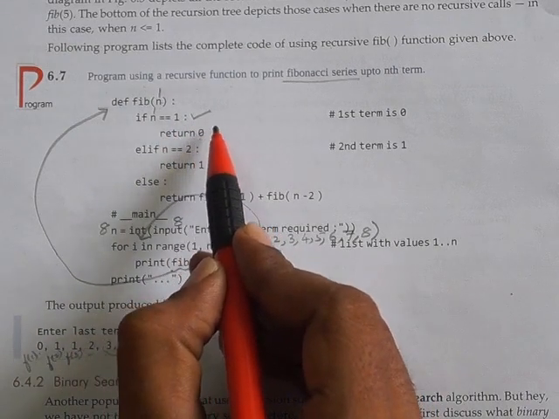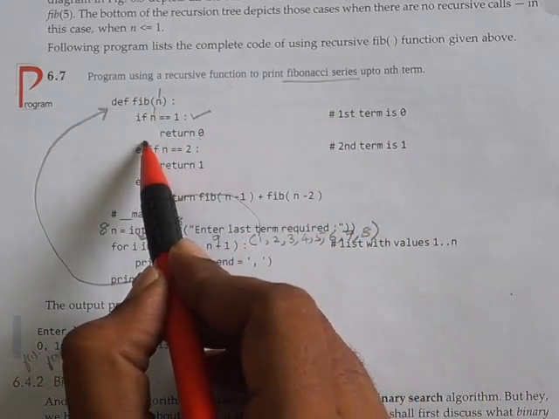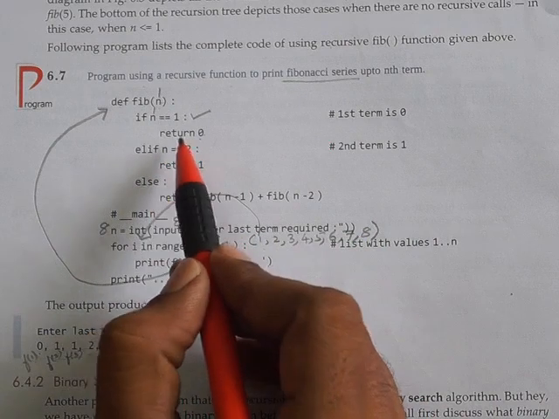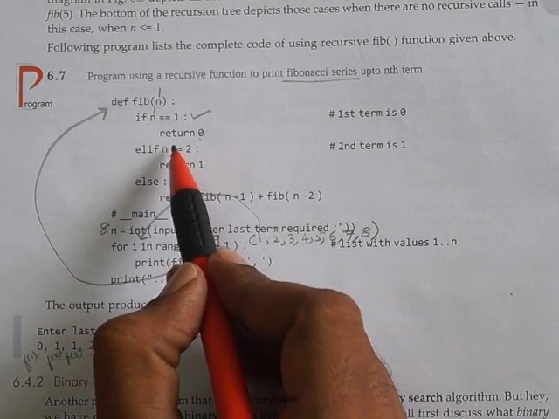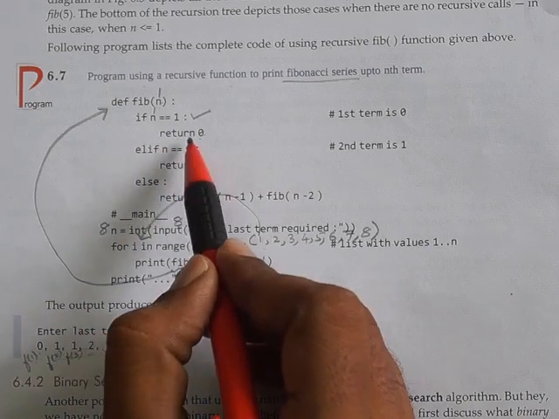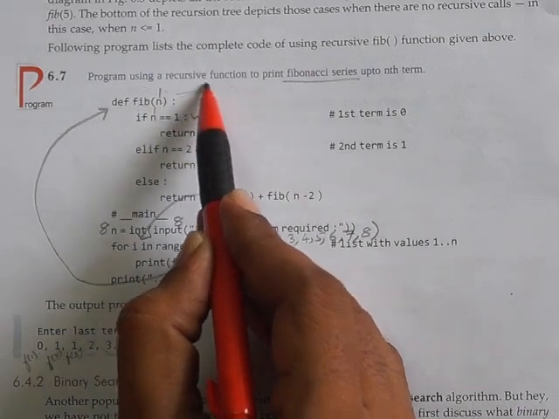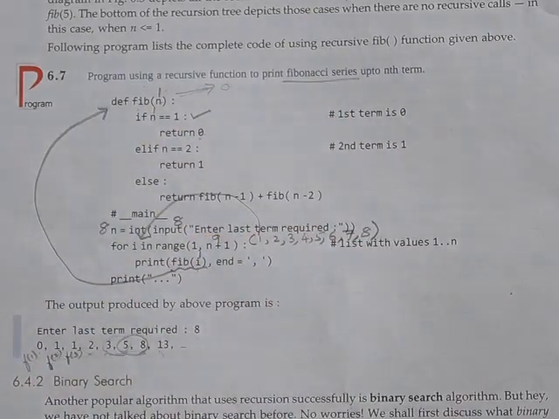Okay. Listen. Once it returns 0, it won't look at the next line. Once the return statement executes, it won't see the next lines. Clear? Such that fib 1, the answer is 0. Simple.